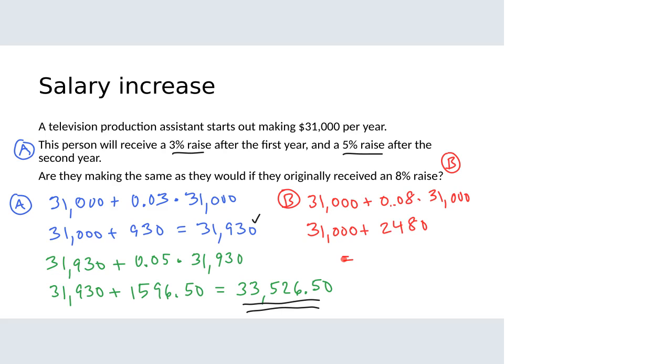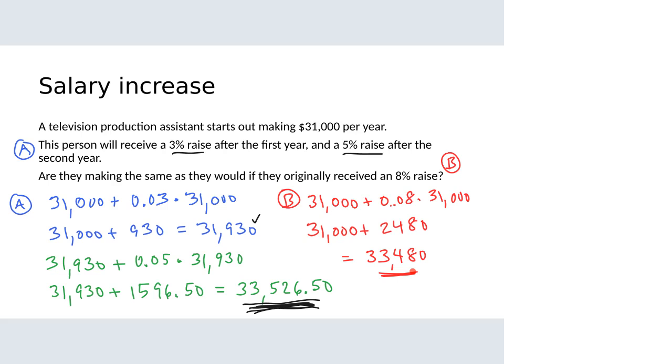We'll add that together, and they're making 33,480. So by method A, at the end of year 2, they're making 33,526. By method B, at the end of year 2, they're making 33,480. Not a huge difference, but it is different.